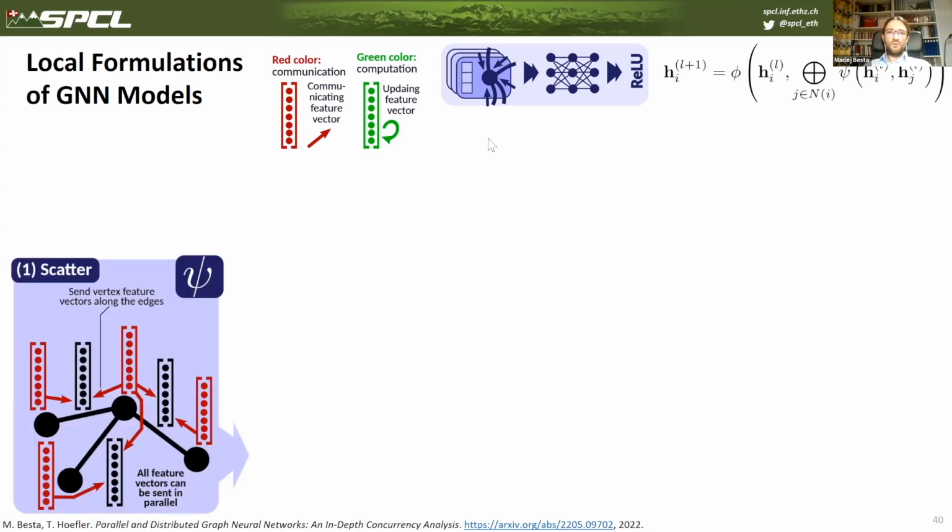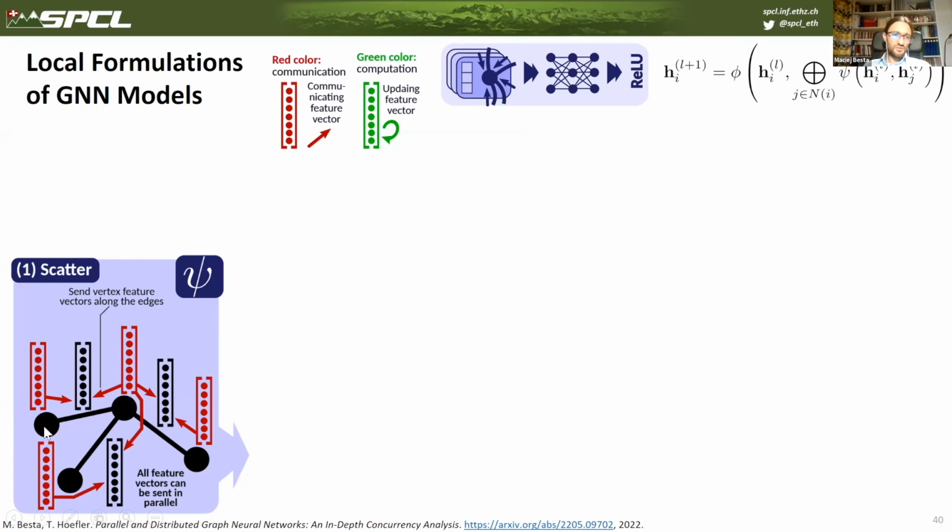Right. So now let's take a look at a single GNN layer in more detail through the perspective of this local GNN model. As we know, we have a couple of phases there. One phase is the scatter phase, which is a part of the psi function in this general local formulation. In this phase, we have our example graph here, consisting of 4 vertices and 3 edges.